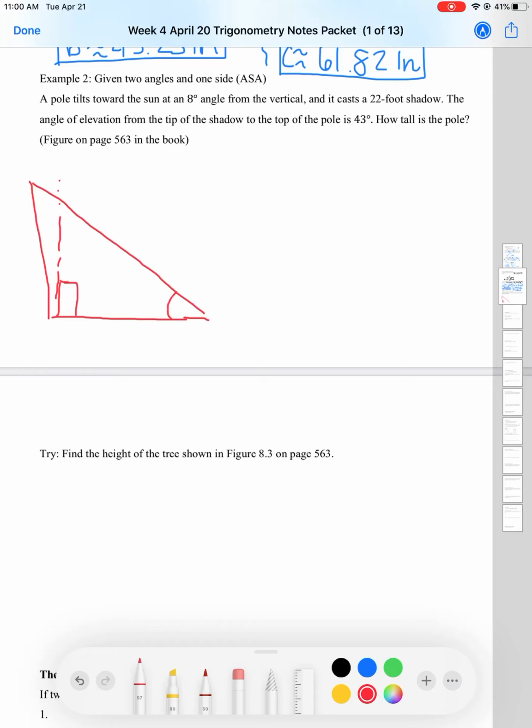This would be your angle of elevation, which would be 43 degrees. Let's call this angle A, this angle C, and this angle B. If it tilts toward the sun, let's say this is the sun right here. At an 8-degree angle, this would be our 8-degree angle.